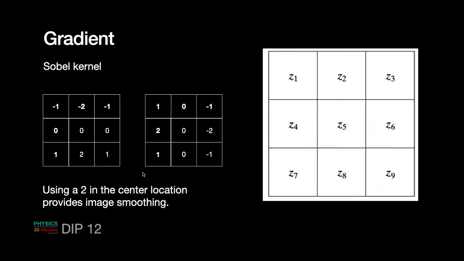So some sort of noise reduction is handy. The Sobel operator does allow that noise reduction by introducing 2, minus 2 and 2 here, this is along the x-axis, this is along the y-axis, and that is why it is more often used than the other three.